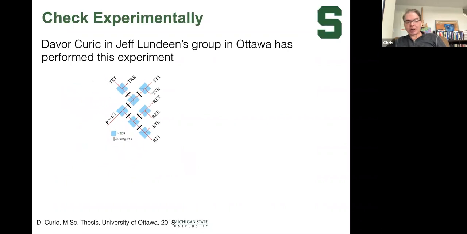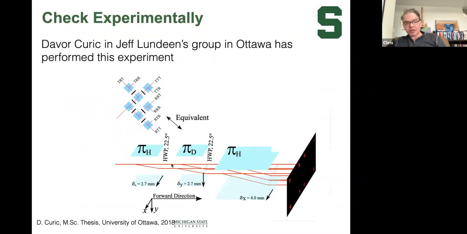So they can actually do this experiment. And in order to make this coherent, what you do is, you actually go by small angles. Here's just 2.7 millimeter in the X direction for the first measurement, 2.7 millimeter in the Y direction in the second measurement. And then you're splitting these again by 4 millimeters so that you can distinguish it from the 2.7 millimeters.